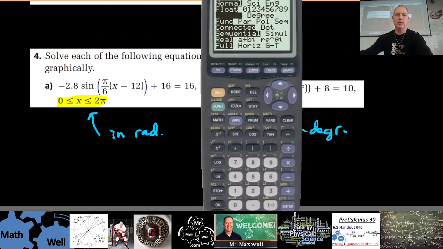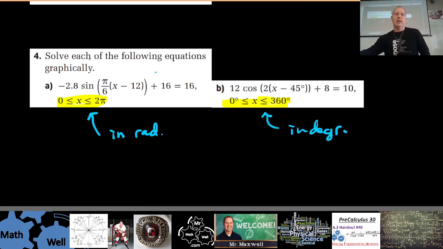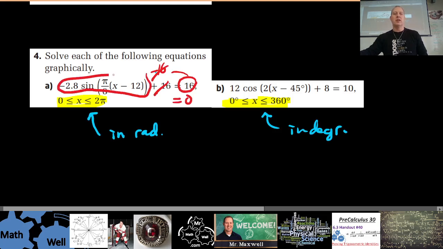Okie dokie. Now you have 2 options for this one. Remember the 2 graphing options? You can make everything equal to 0. So I could subtract 16 here, and these would cancel out, and then it would just be this equal to 0, and I could find the intercepts. If it's equal to 0, find the intercepts.